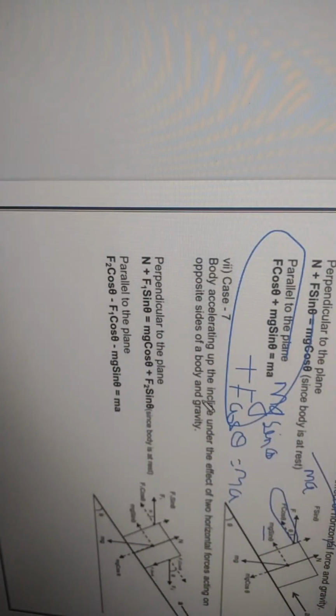Body accelerating up the incline under the effect of two horizontal forces acting on opposite sides of the body and gravity. So there are two horizontal forces. Acceleration is upwards.